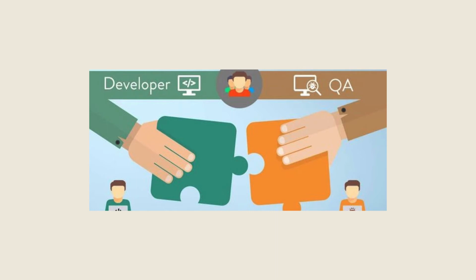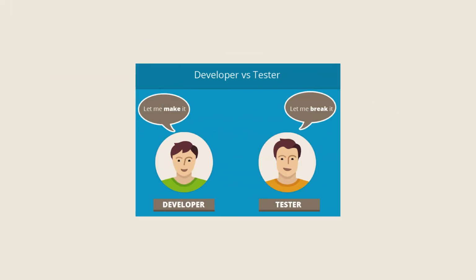But even if they are in the same team working towards the ultimate goal of delivering the software, they are kind of enemies, or opposite to each other, because of their day-to-day job. Developers are trying to make it, and testers are always trying to break it. It is for a good reason.